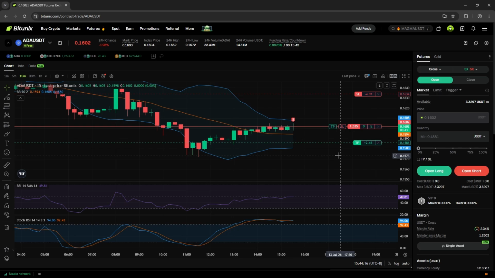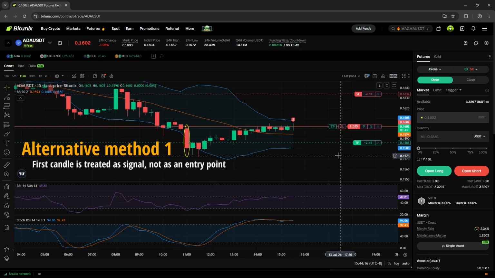We have also different methods to use this strategy. For example, first candle that goes above or below Bollinger Band is treated as a signal but not as an entry point. Then you measure next candle if it meets all conditions. There is also a simplified version of this strategy considered as safer, but will have much less entry opportunities.